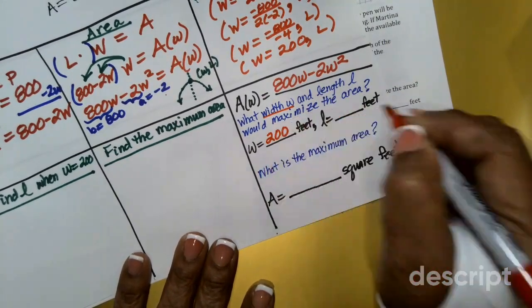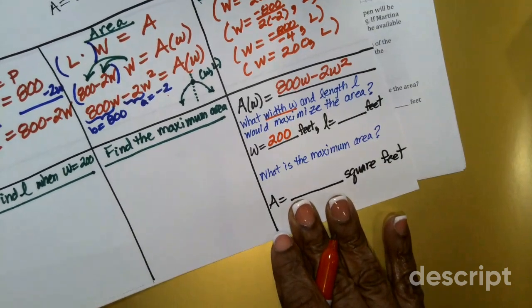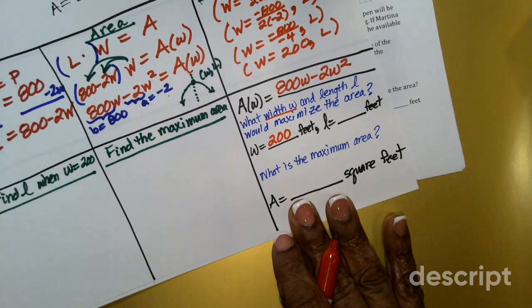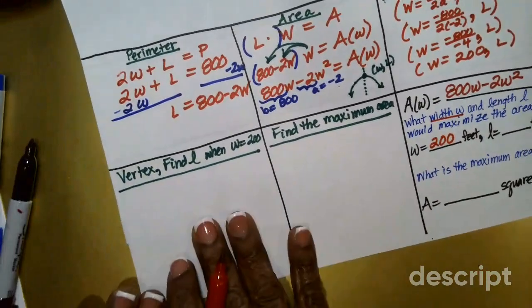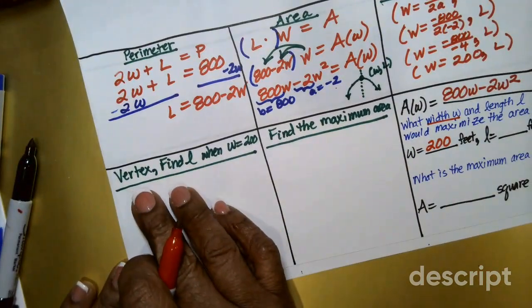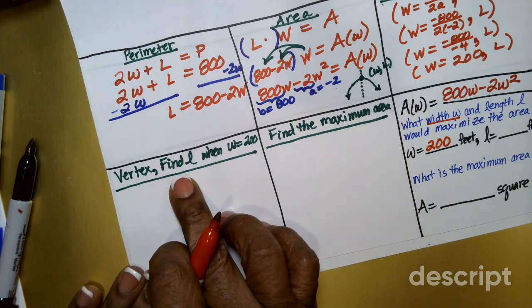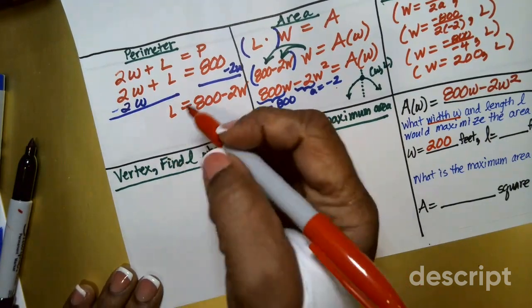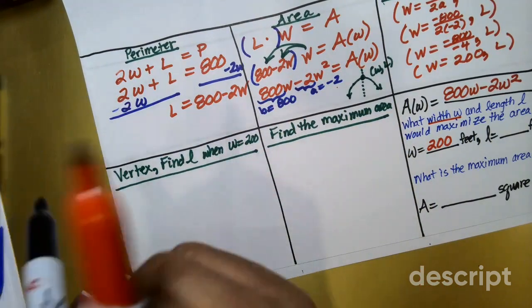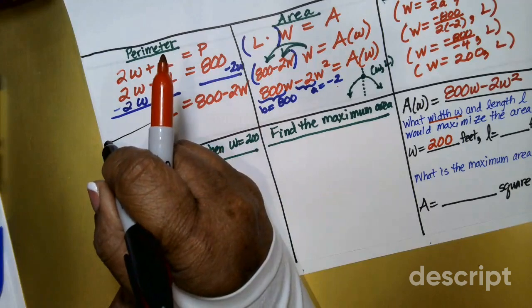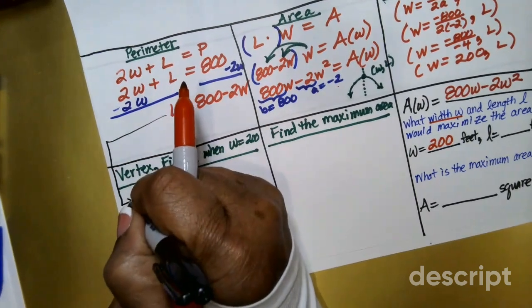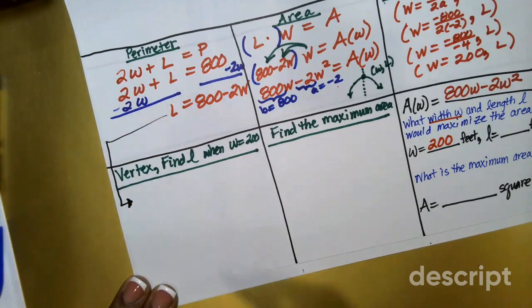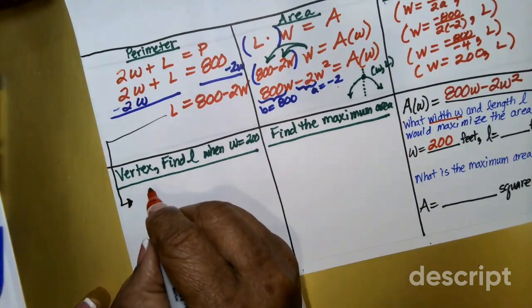200 feet. Okay, so now let's go find the length, the other corresponding part of this vertex. Okay, so find L when W equals 200. Okay, I'm going to use this equation here. It tells us how to find L. Spells it out for us.